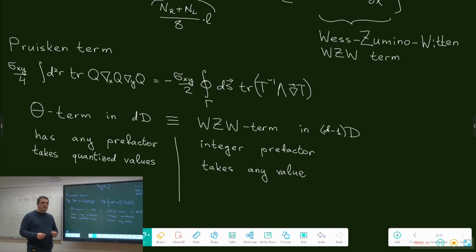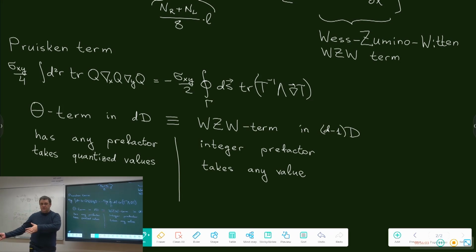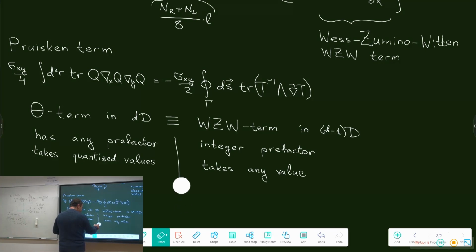But it takes only quantized values, because if sigma xy is not quantized, it means that not everything is localized in the bulk, and the two-dimensional theory does not reduce to the one-dimensional. But the integrals are the same. How can the right one take any value? I will explain right now. That was my point, to illustrate this.